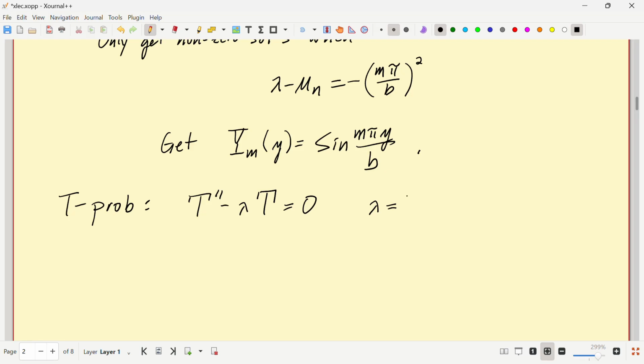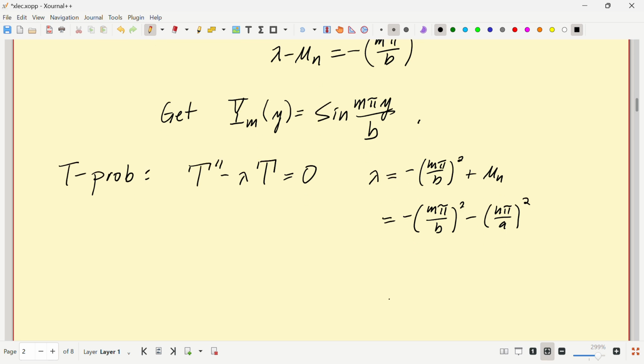It's minus (m pi over b) squared plus mu sub n, and mu sub n was minus (n pi over a) squared. So I get minus (m pi over b) squared minus (n pi over a) squared. So I think I'll call that lambda nm.